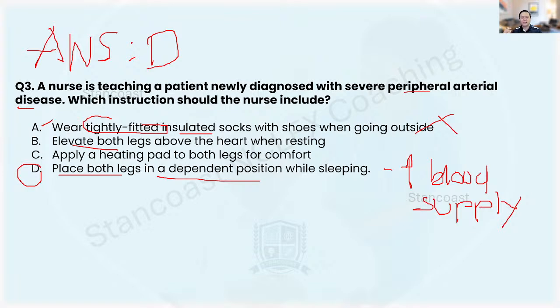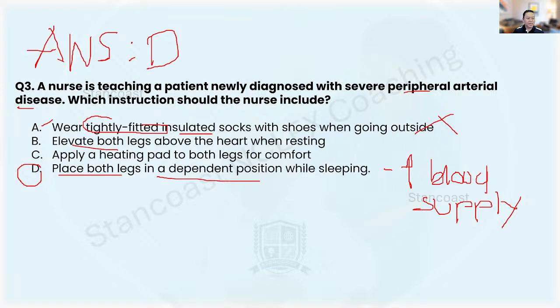When you are sitting on the toilet for an hour or 2 hours, you will start to get that cramping in your thighs if you're just texting inside the bathroom. It's the same kind of sensation that the patient will feel when you put their legs higher. I'm talking about peripheral arterial disease. So make sure we are promoting the circulation by keeping the extremity lower than the level of the heart. This is to promote circulation, promote oxygenation.